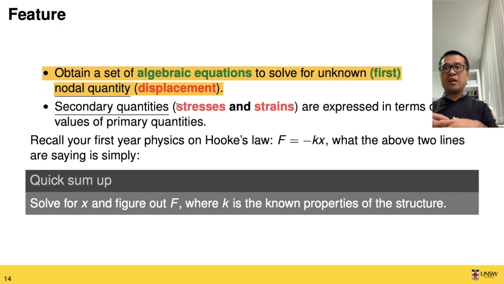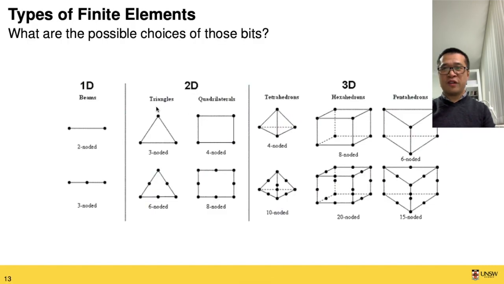But I can also solve for some secondary quantities, right? For example, if I put a force at this top bit of the triangle, all these points will deform, and I can work out the displacement. From there, I can also work out the corresponding forces that are experienced by these 2 points where I only put a load at the top.